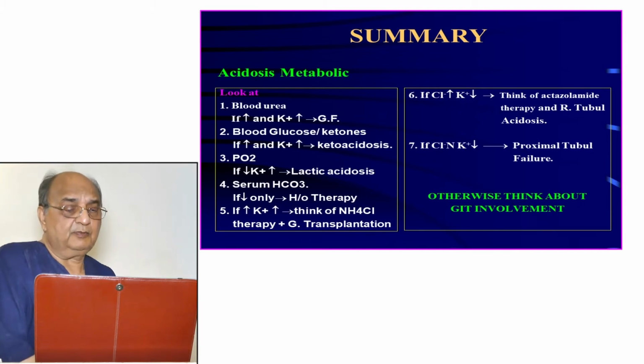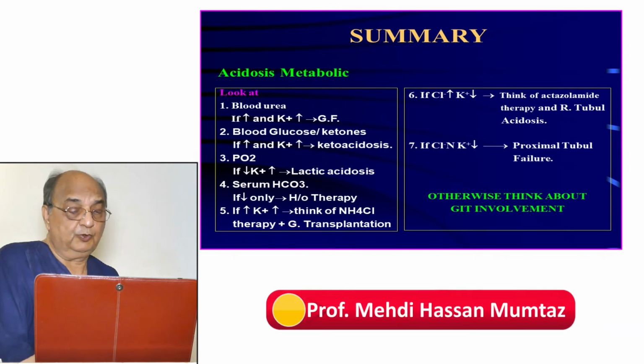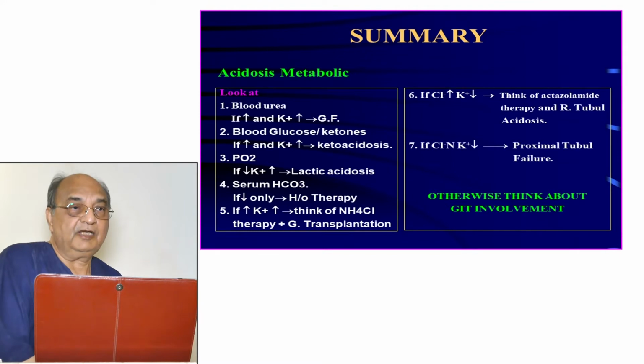Then you look at the serum bicarbonate, PO2. If the PO2 is low and potassium is raised, it is lactic acidosis. Then you look at the serum bicarbonate. If serum bicarbonate is low, there might be a history of bicarbonate therapy; we have given too much bicarbonate to the patient.